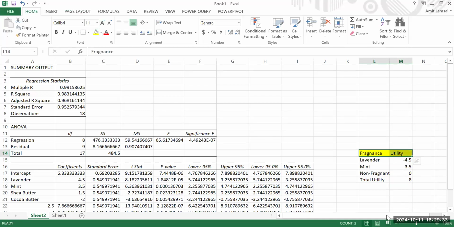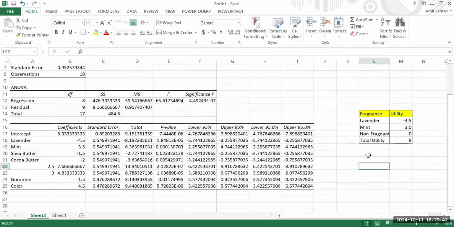Let's just give it a yellow color so that it will be easier for us to understand. Okay, likewise, let's do the utility for ingredients. So for ingredients, we have shea butter, cocoa butter, and coconut, I guess.